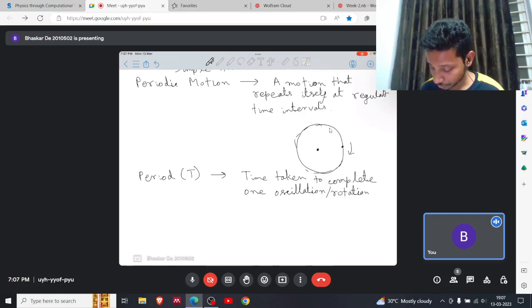Period is usually denoted by the capital T. So basically this point of the wheel rotates and comes to this point after, for example, 5 seconds. So we can say the time period of this motion is capital T equal to 5 seconds.